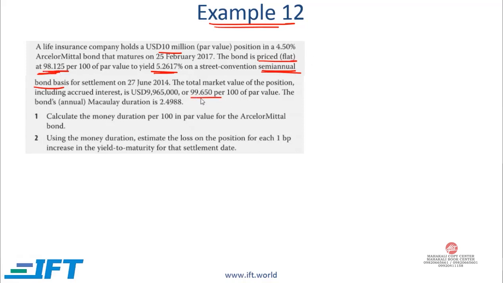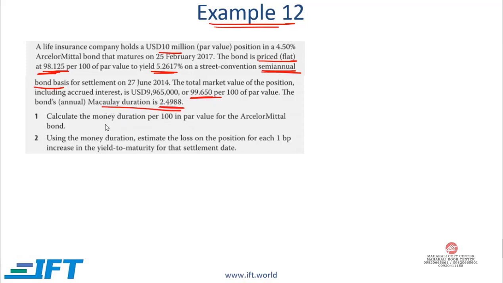The full price is 99.65. The question is giving you more information than you need, and what is being tested is your ability to pick out the correct information, or the information that is needed to solve the problem. We are also given the Macaulay duration.